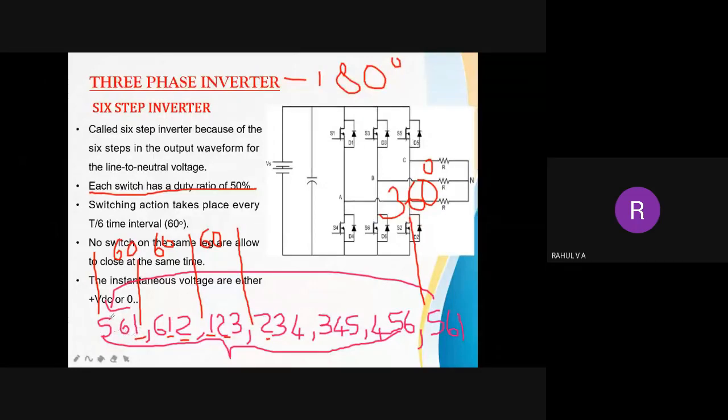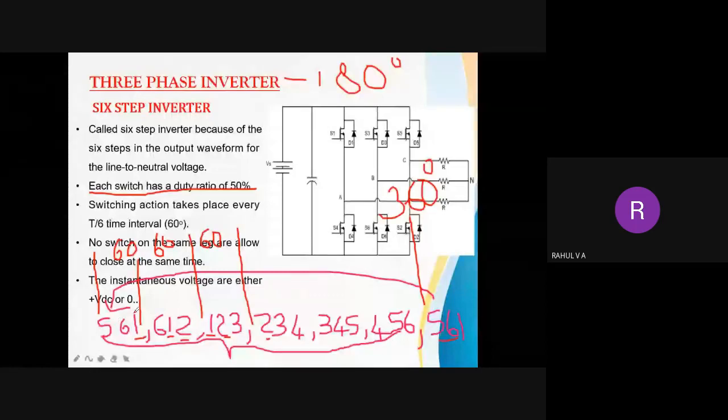After that, you switch off 5 and the next switch is switched on. That is 6, 1, 2. Later we switch off 6 and the next switch is turned on, like 1, 2, 3. So it continues like 2, 3, 4, 3, 4, 5, 4, 5, 6, and later the next one is 5, 6, 1, which is actually our first switching cycle.